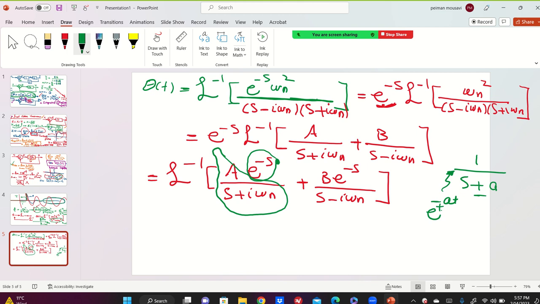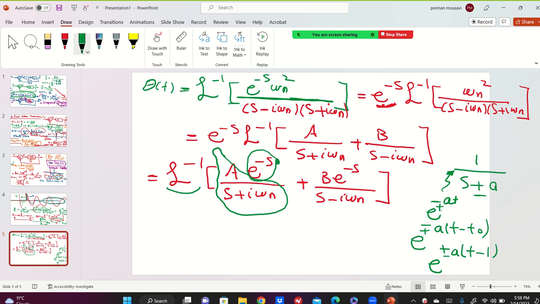What does this mean? I just told you. Yes, delay, that's right. So you're going to have e to the plus or minus a, (t minus t naught). When you apply the Laplace inverse to go back to time, you go ahead. Because t naught is 1, here you're going to have e to the plus or minus a (t minus 1).